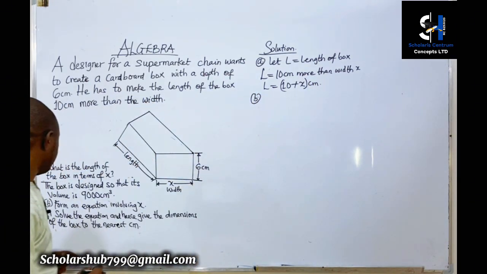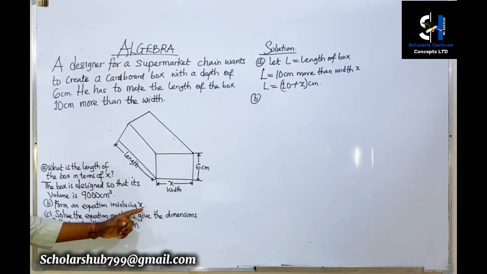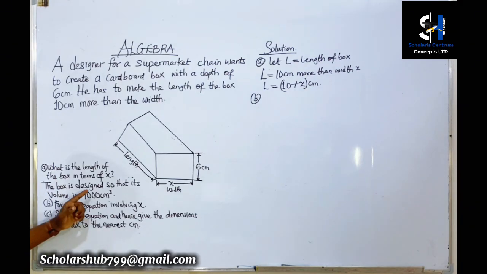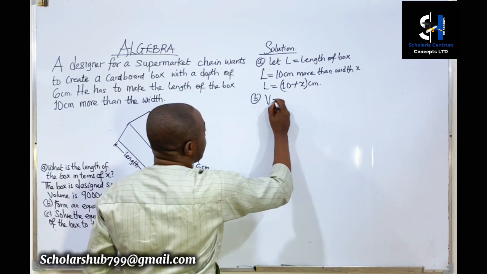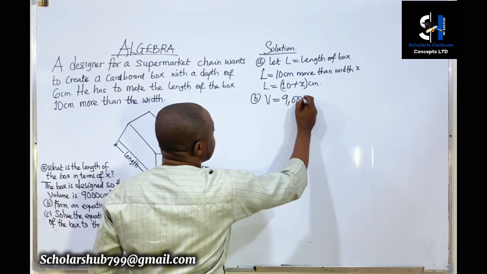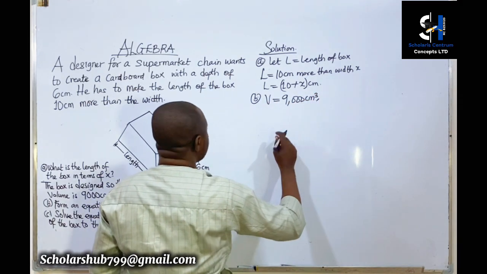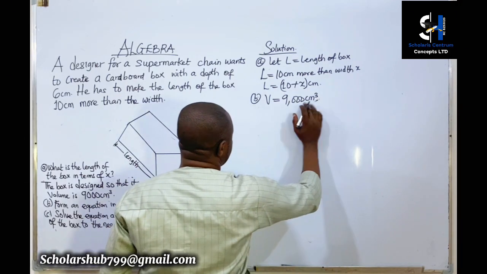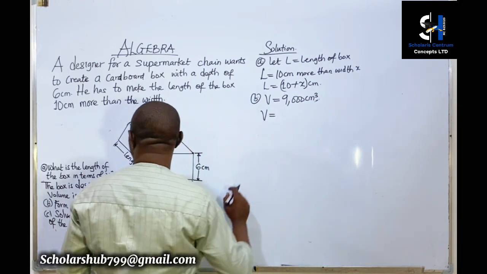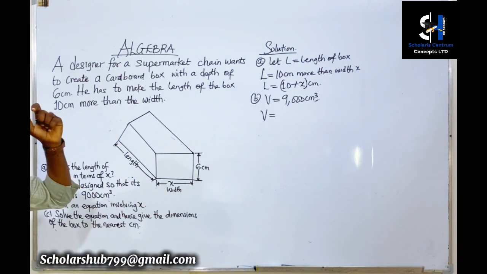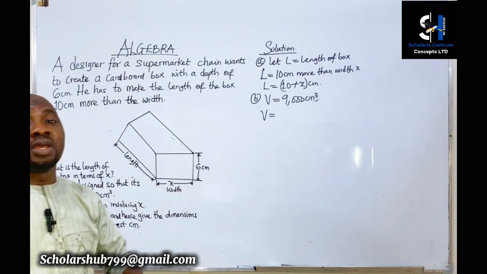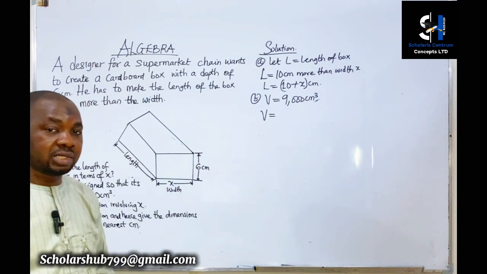Now the second question: form an equation involving x, because the box is designed so that its volume is 9,000 cubic centimeters. The volume of this shape is the same as the volume of a prism, which is base area times height.